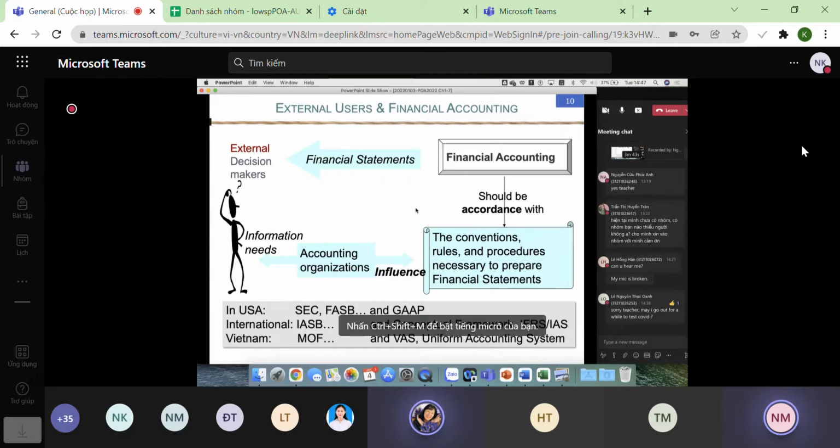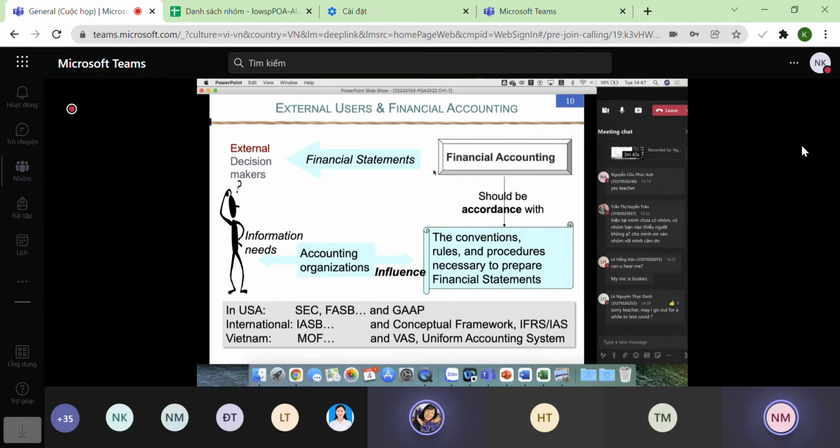Now, we need to distinguish the one who prepares financial statements in the company. The accountant, or financial accountant, in the financial accounting system prepares financial statements.